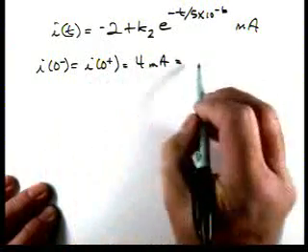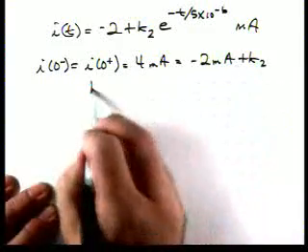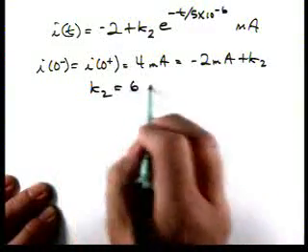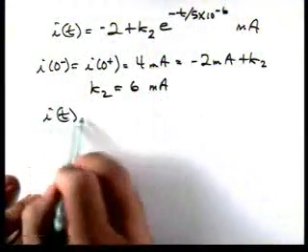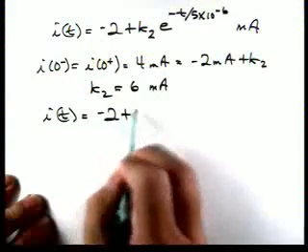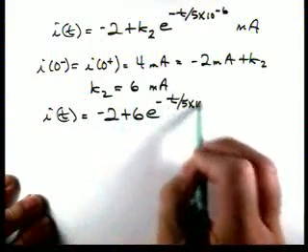And that's minus 2 milliamps plus K2. So it says K2 is equal to 6 milliamps. So i(t) equals minus 2 plus 6 e to the minus t divided by 5 times 10 to the minus 6 milliamps.